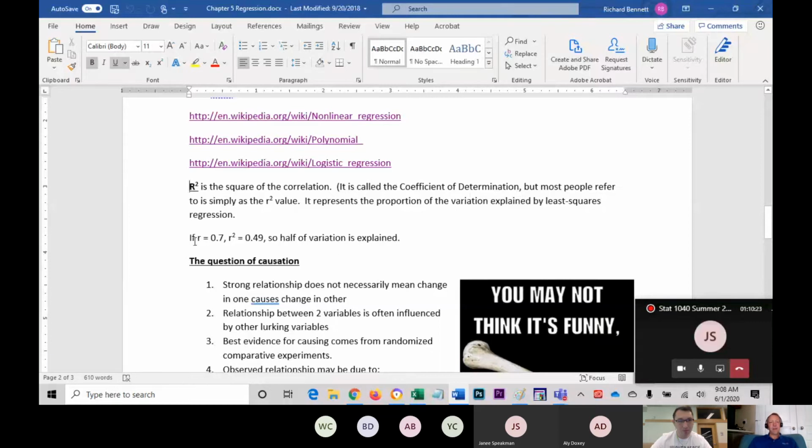Now the interesting thing is if your correlation coefficient is 0.7, your R-squared is going to be 0.49. We remember we referred to 0.7 as strong correlation. That's kind of the limit there. But even with strong correlation, you're only going to get half of the variation explained. So that's kind of interesting.